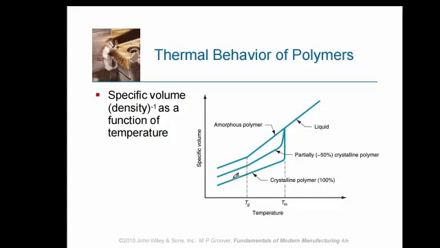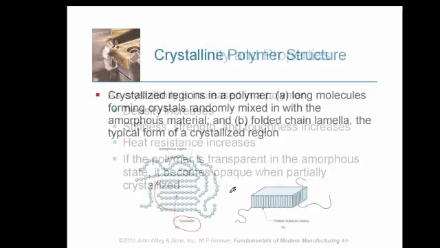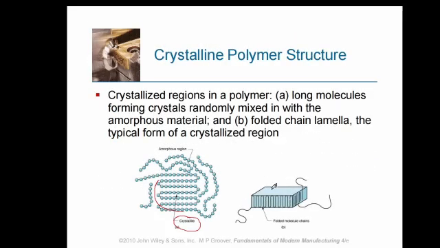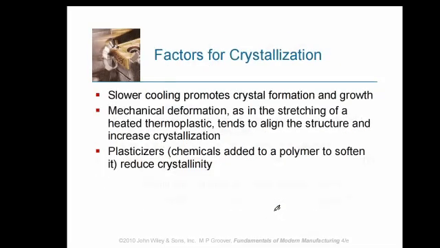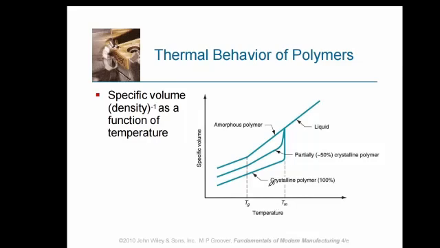The crystalline polymer here has a lower specific volume at this temperature. So it means the chains in a crystalline polymer are tightly packed together, as we saw in the diagrams here. You see that in a crystalline molecule, the chains are tightly packed together because they are folded on themselves, and this causes them to occupy less volume.